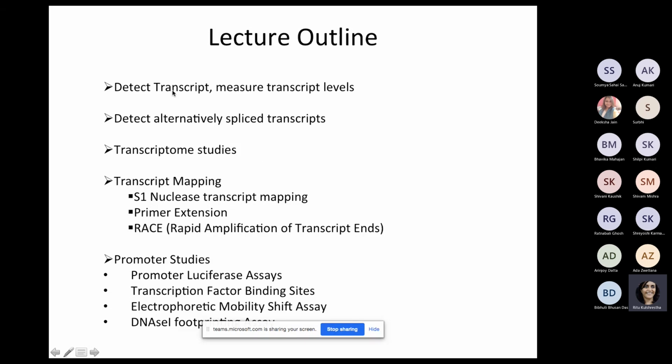If for a particular transcript you want to know what are the ends of a particular cDNA, to exactly map what is the transcription start site and what is the end site, then which are the various methods.